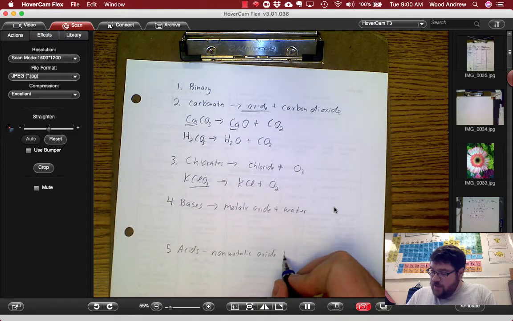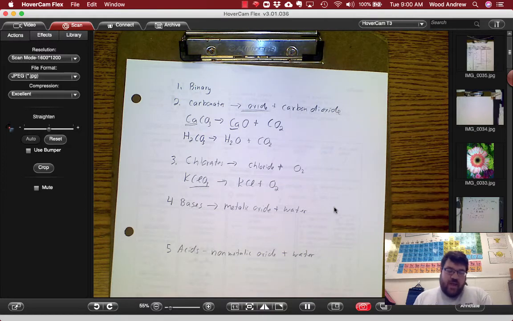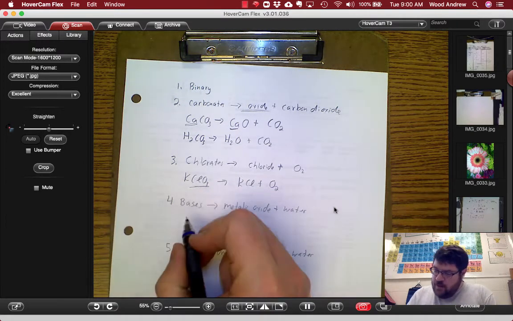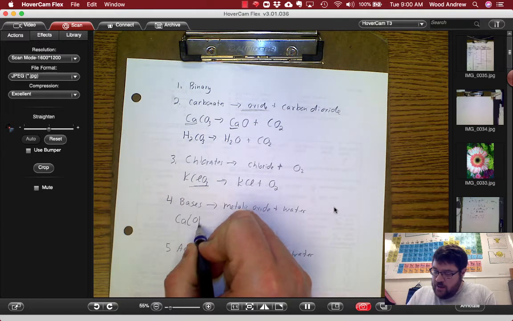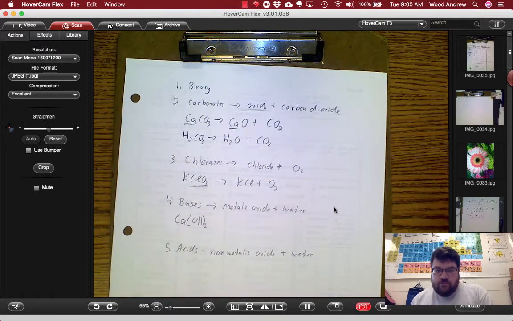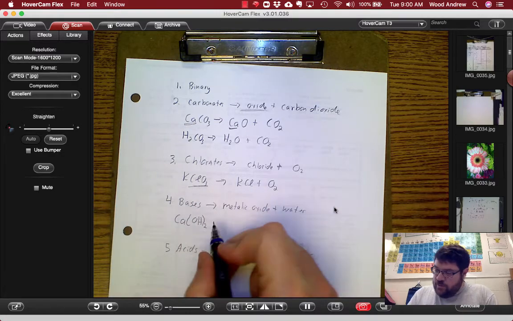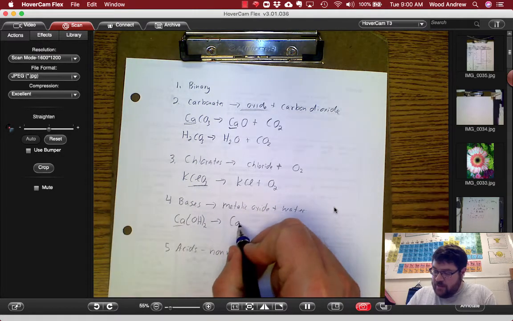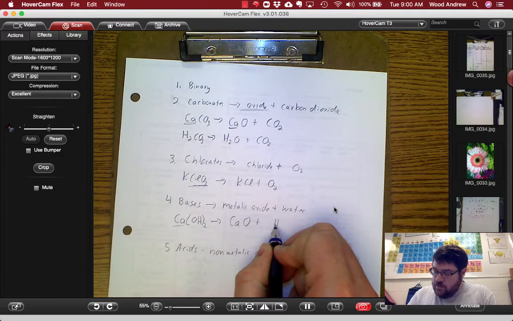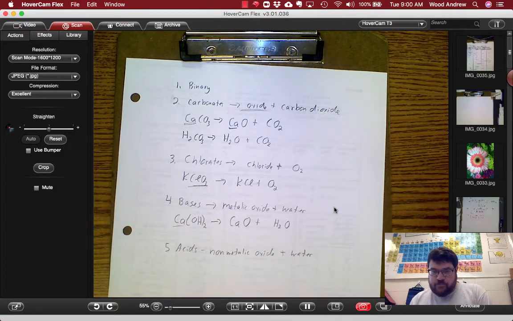Acids break down to a non-metallic oxide and water. Bases are super simple again. Bases are any metal bonded with hydroxide. That'll break down to a metallic oxide. Well, what's the metal in this case? Calcium. So calcium oxide and water. Pretty simple.